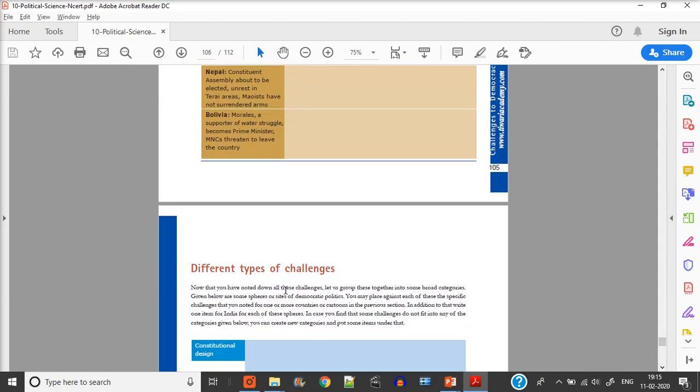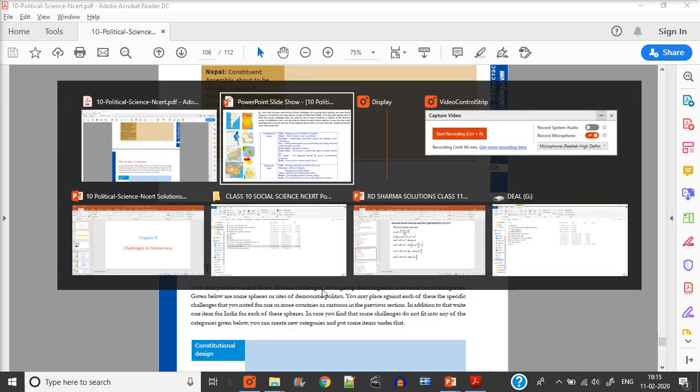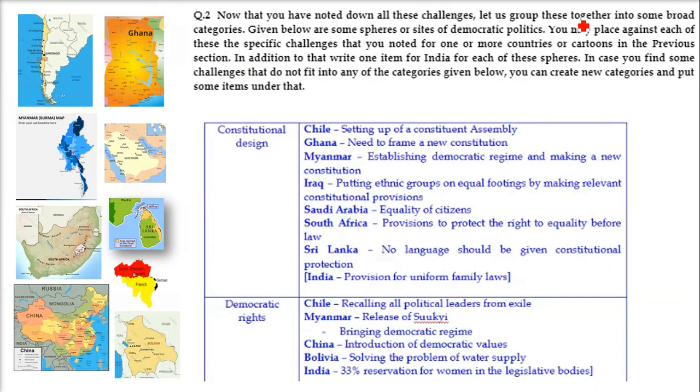Now that you have noted down all these challenges, let us group these together into some broad categories. Given below are some spheres or sites of democratic politics. You may place against each of these the specific challenge that you noted for one or more countries or cartoons in the previous discussions which we just had.